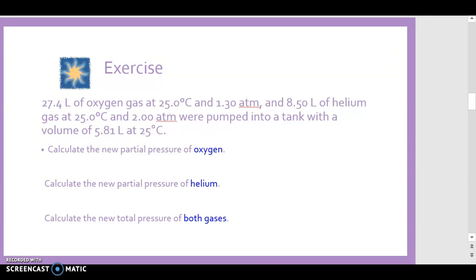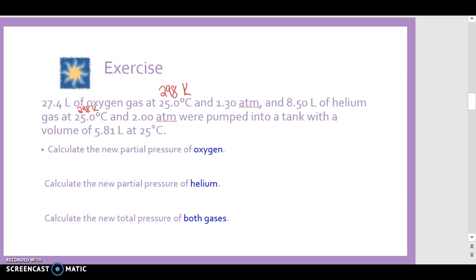Alright, for here it says you have 27.4 liters of oxygen gas at 25 degrees Celsius, let's go ahead, 298K on that, and 1.3 ATM. Then you have 8.5 liters of helium gas at 25, so that's 298K, right, and 2 ATM, were pumped into a tank with a volume of 5.81 liters at 25 degrees.